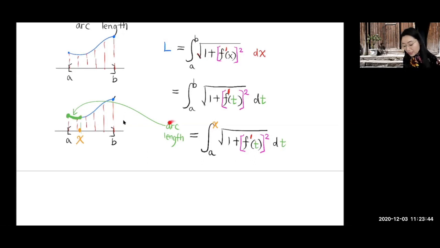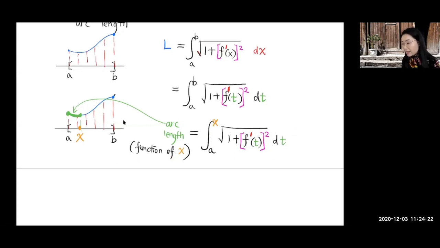So this arc length is a function of x, so it changes as x changes. Notice that this function is actually represented by this integral. This might be the first time you see a function represented by an integral.